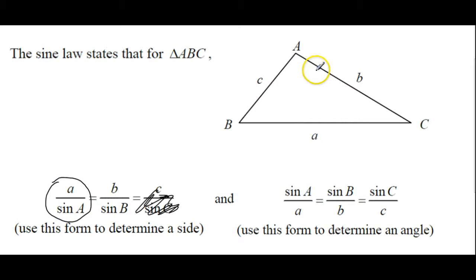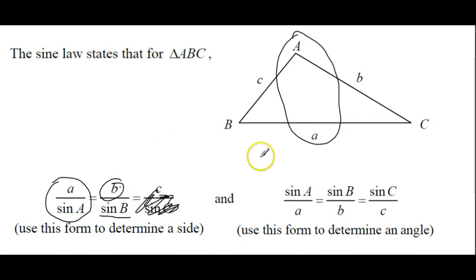I'm going to call this a known pair. That is, the length of a side and the measure of the angle opposite that side. If you have a known pair and then you have an unknown side, I want to find this, then I need that third thing, right?